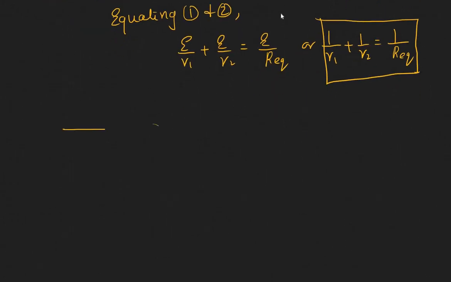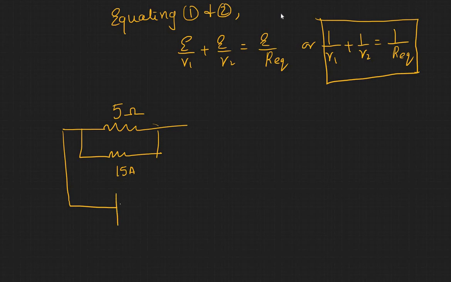So let's take a case. You have 5 ohms and 15 ohms in parallel. This is connected to a 5-volt battery.